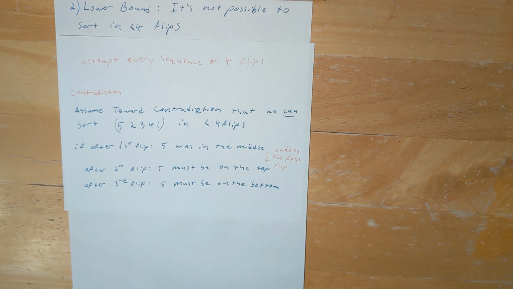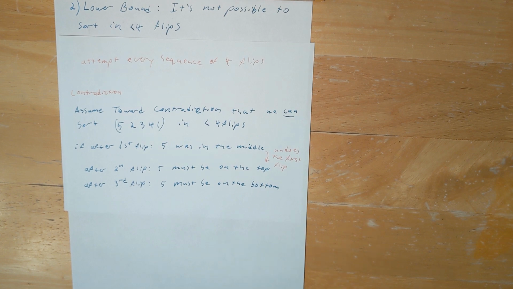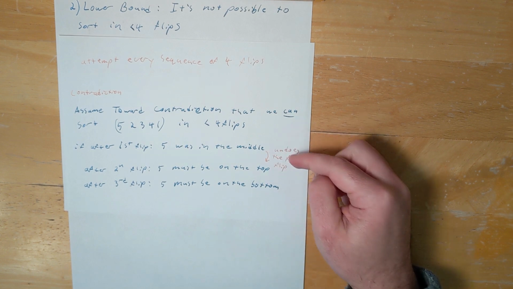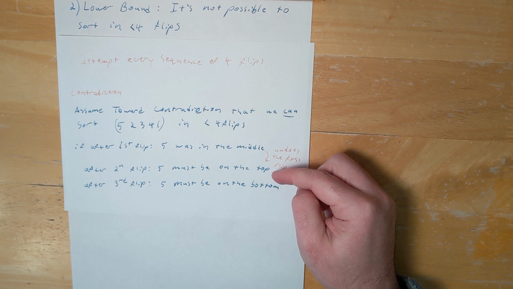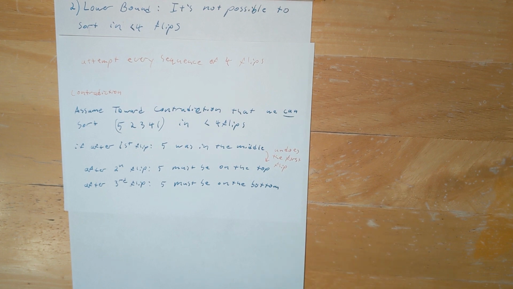So the second flip is just going to undo the first flip in this case. Because what we needed was 5 to be on the bottom by the end of flip 3. So if 5 was in the middle at the end of flip 1, then in order to be at the bottom by the third flip, it needs to be at the top after the second flip. So if in flip 1 it's in the middle, then in flip 2 we need to simply undo that and move it back to the top so that it can be on the bottom, which means that this sequence of 3 flips is just doing the same as inverting our stack of pancakes, which we know isn't sorted.